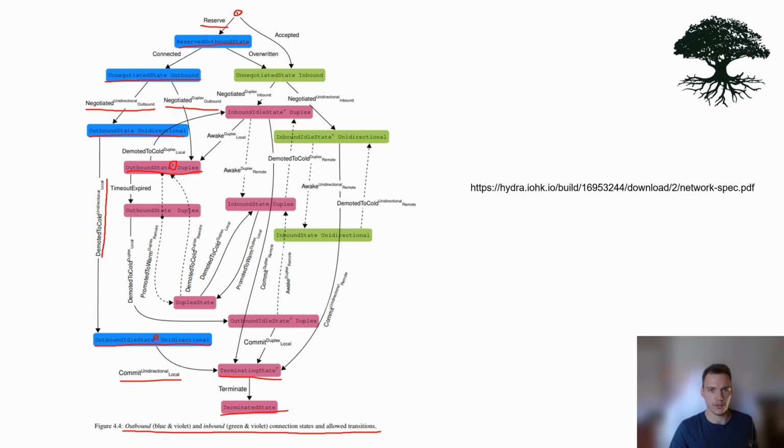If this does happen, then this dashed line, by the way, dashed lines on this diagram signify decisions by the remote node, and full lines signify decisions made by our local node.